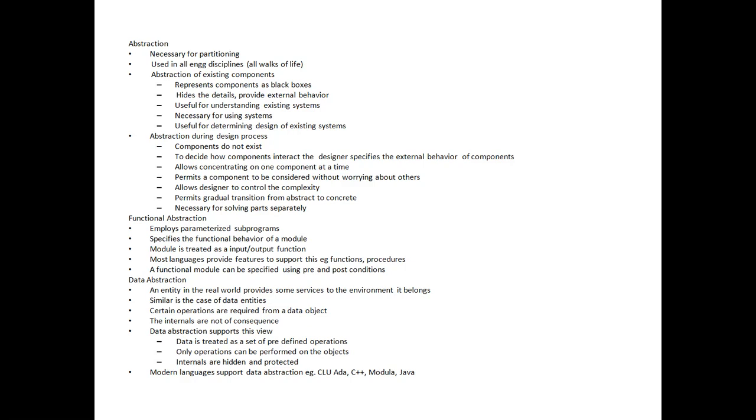In functional abstraction, a module is specified by the function it performs. For example, a module to compute the log value of a number can be abstractly represented by the function log. Similarly, a module to sort an input array of numbers can be represented by the specification of sorting.